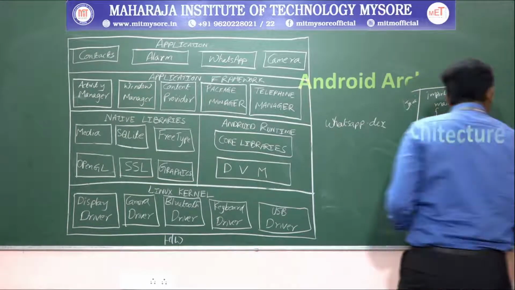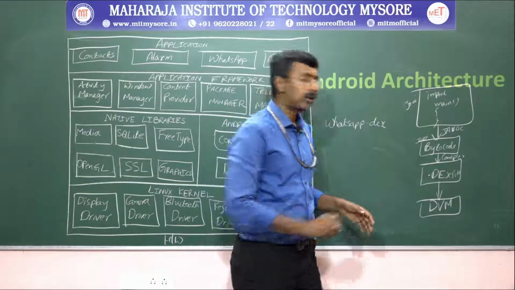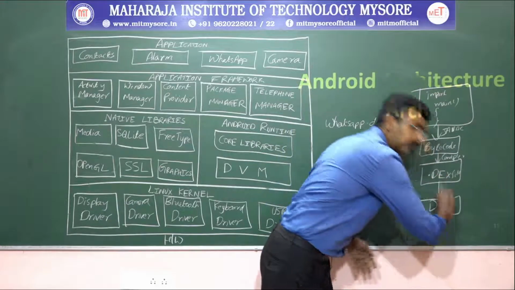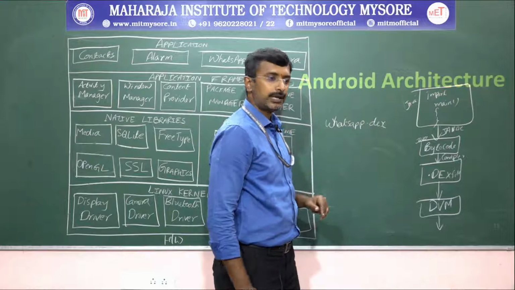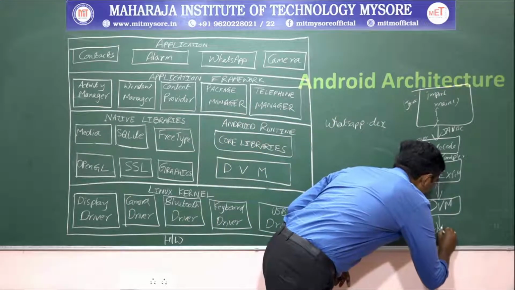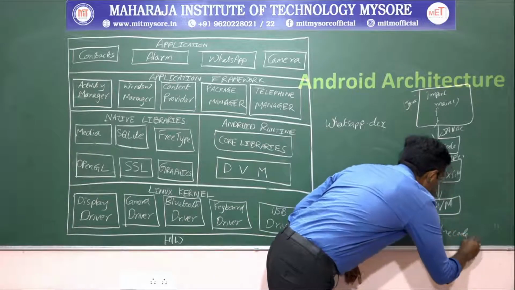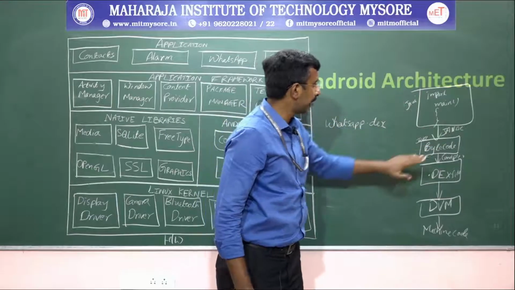The DVM, or Dalvik virtual machine. Then what do we have? Along with the DVM, this is converted into machine code. So your Java program is converted into bytecode using a javac compiler.